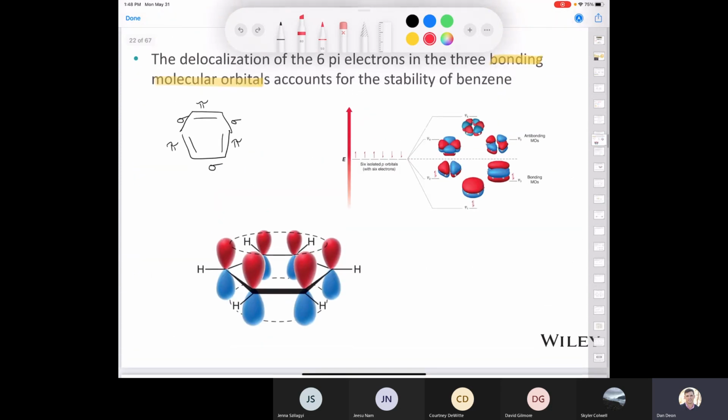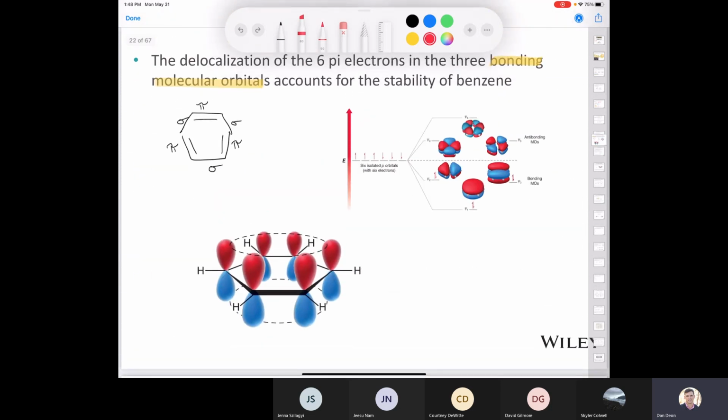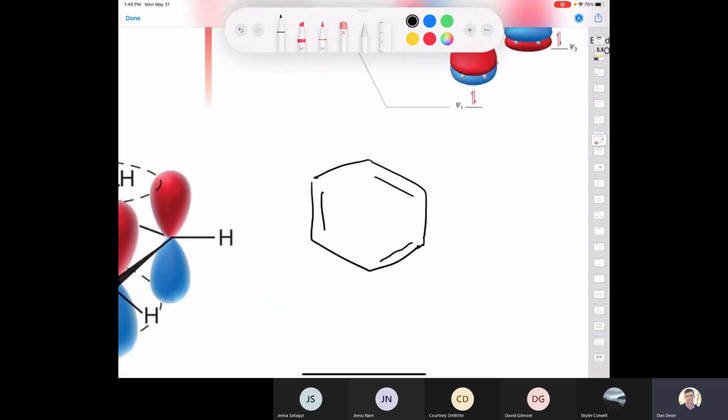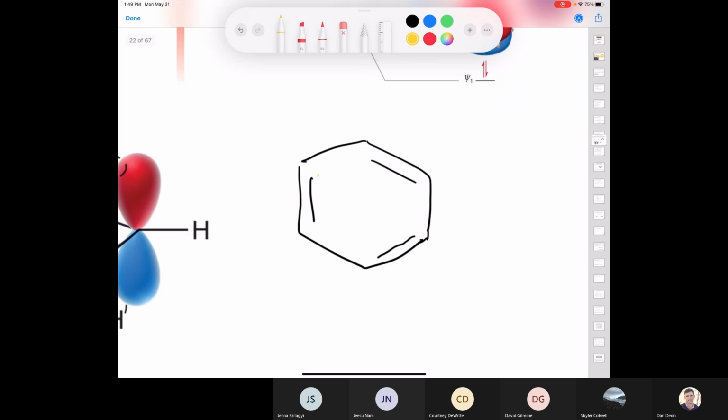If we go back here and we look at benzene, let me redraw the molecule here. This is benzene. How many pairs of pi electrons do we have? Look carefully. This is a pair of pi electrons. This is a pair of pi electrons.